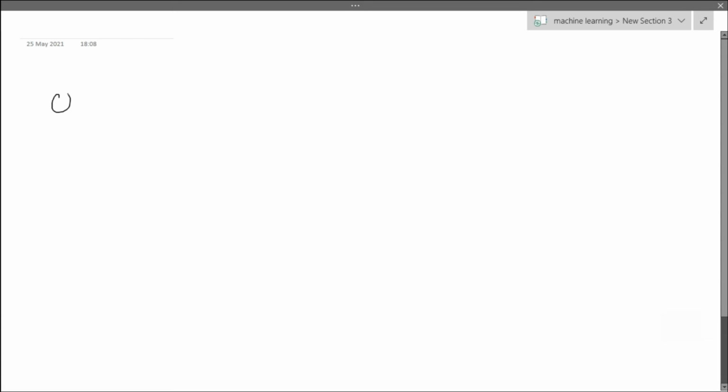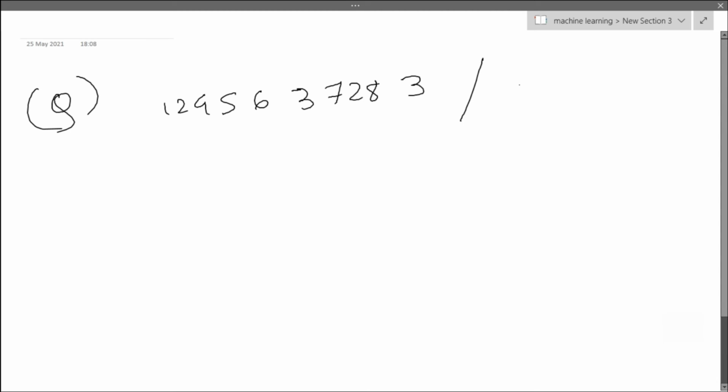Look at this question. Find the remainder when 1245637283 is divided by 3. Here we should apply the shortcut trick.